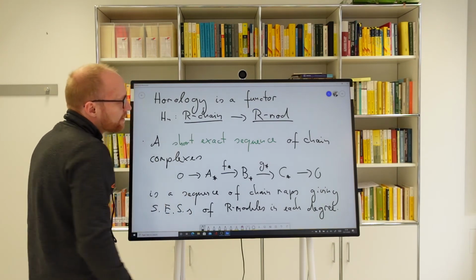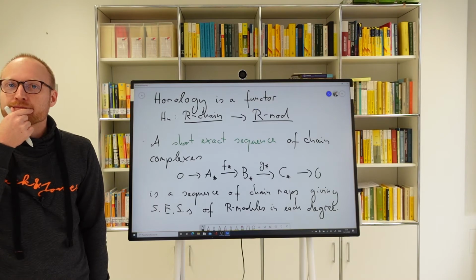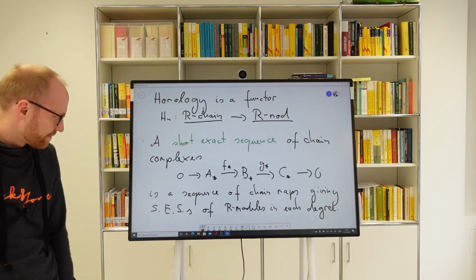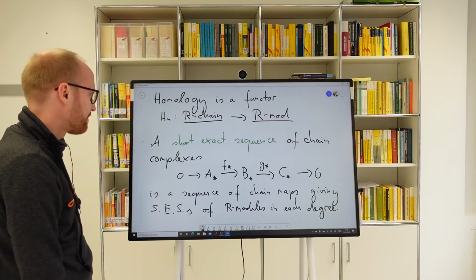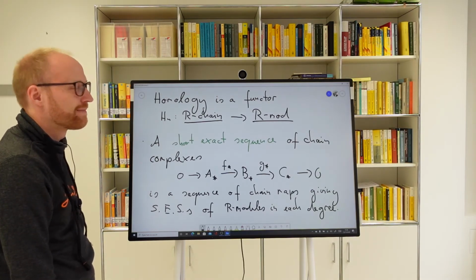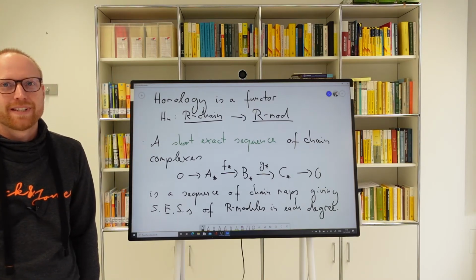And one can argue with short exact sequences of chain complexes in the same way as for short exact sequences of modules. So in some sense, all these conclusions are very similar, and the sophisticated reason for that is that both chain complexes and modules form abelian categories. Yes.